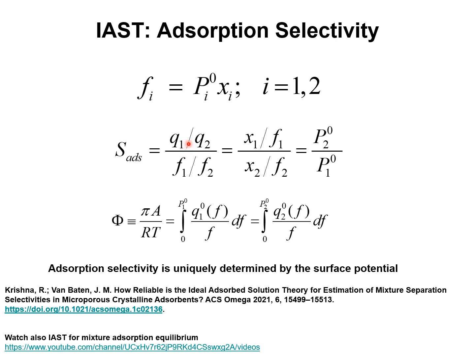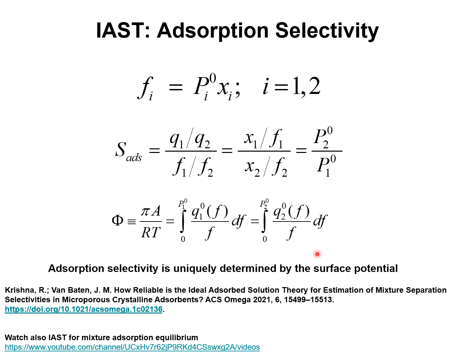We may replace the ratio of the molar loadings by the ratio of the mole fraction in the adsorbed phase. And in view of this expression, for the partial fugacities being proportional to the mole fraction in the adsorbed phase via the sorption pressures, we find that the adsorption selectivity is the ratio of the sorption pressure of component 2 divided by the sorption pressure of component 1.